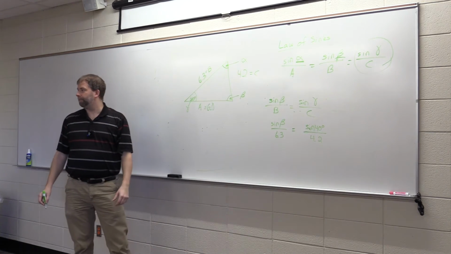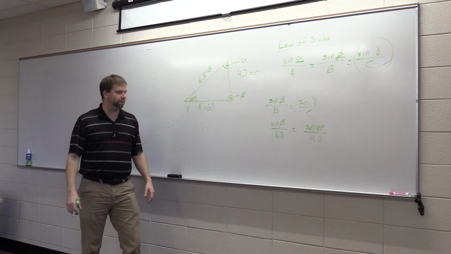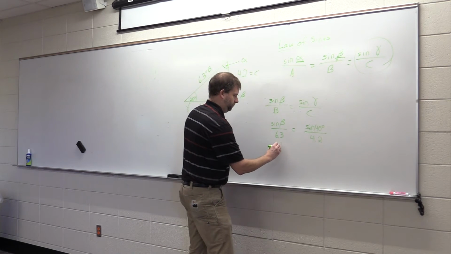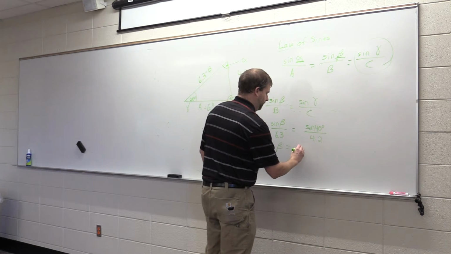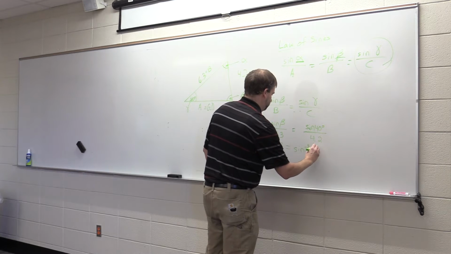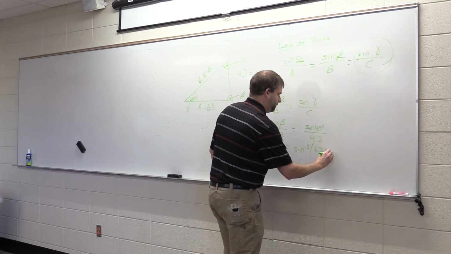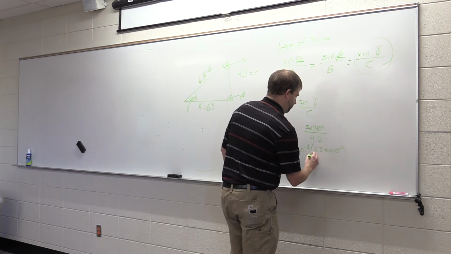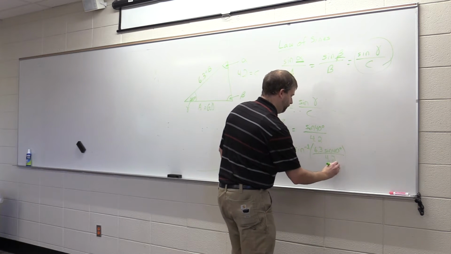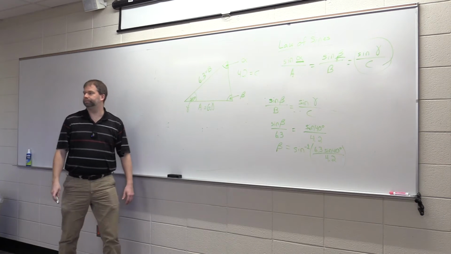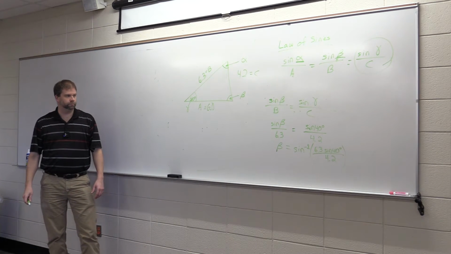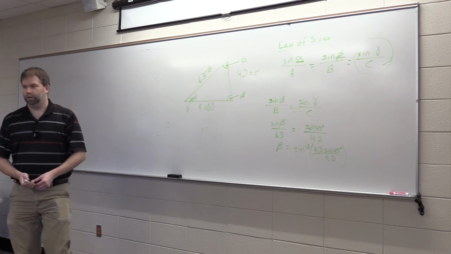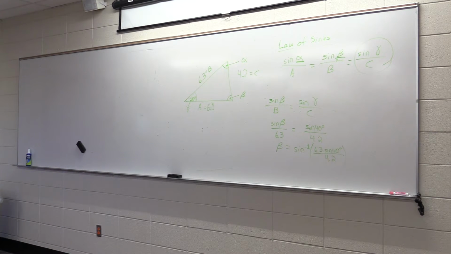Okay? So you just have to do a little bit of algebraic manipulation. So beta will be inverse sine of 6.3 times sine of 40 degrees divided by 4.2. Okay? Check and see if I need to write this bigger. Yeah, okay, a little bit bigger in the future. It's passable.